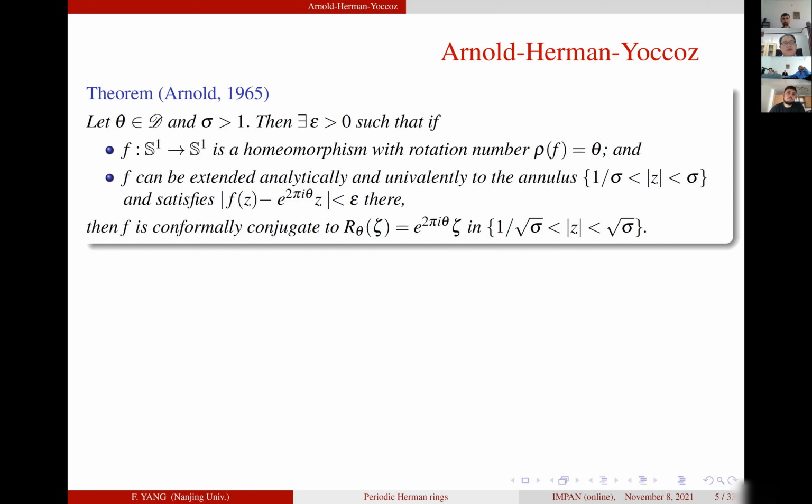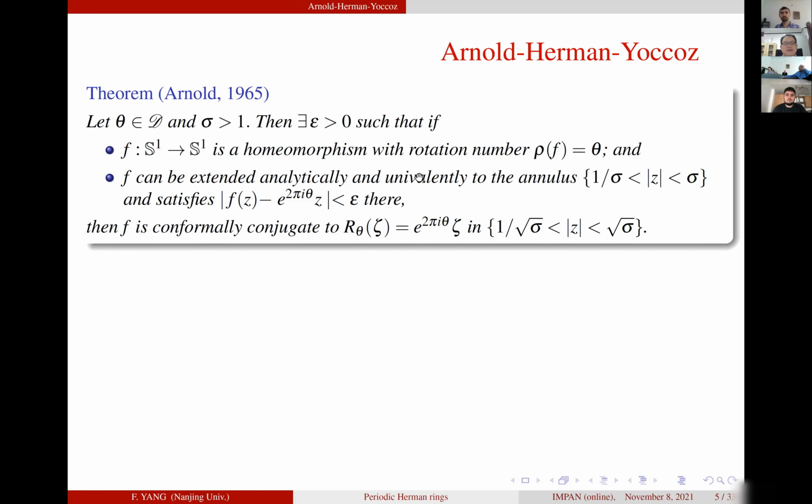That means if we can find a holomorphic map f satisfying these two conditions, then we can have a Siegel disk or a Herman ring. But if we make some further assumptions, then we can obtain a Herman ring.